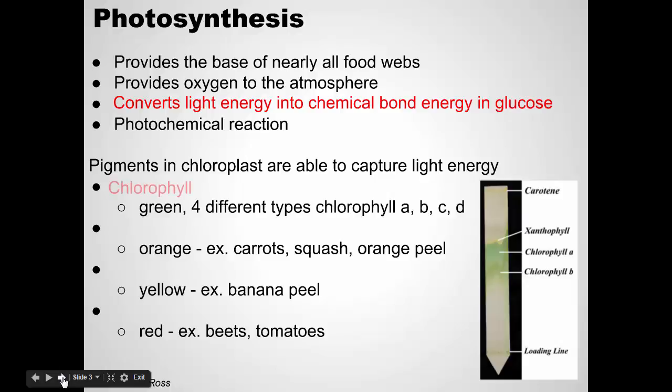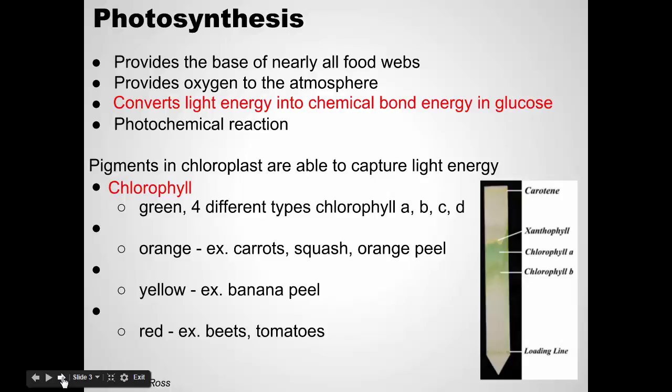Chlorophyll is the most common pigment used to capture light. There are several different types of chlorophyll. They're lettered, chlorophyll A, B, C, and D, and they each capture light of a slightly different wavelength.